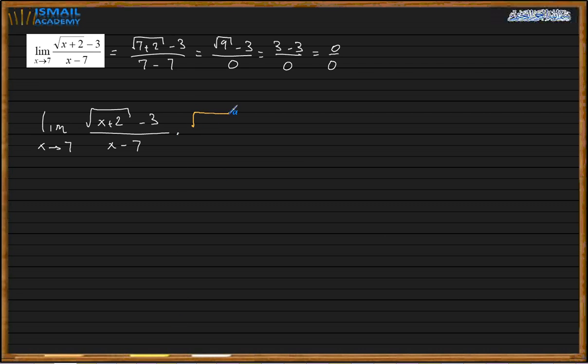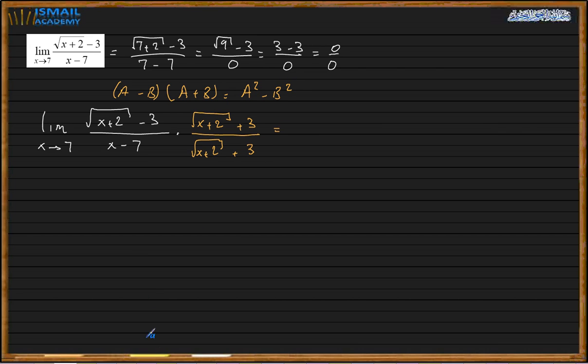So here we'll end up having square root of x plus 2 plus 3 over square root of x plus 2 plus 3. It's the same thing as a minus b times a plus b, which means I will have a squared minus b squared.